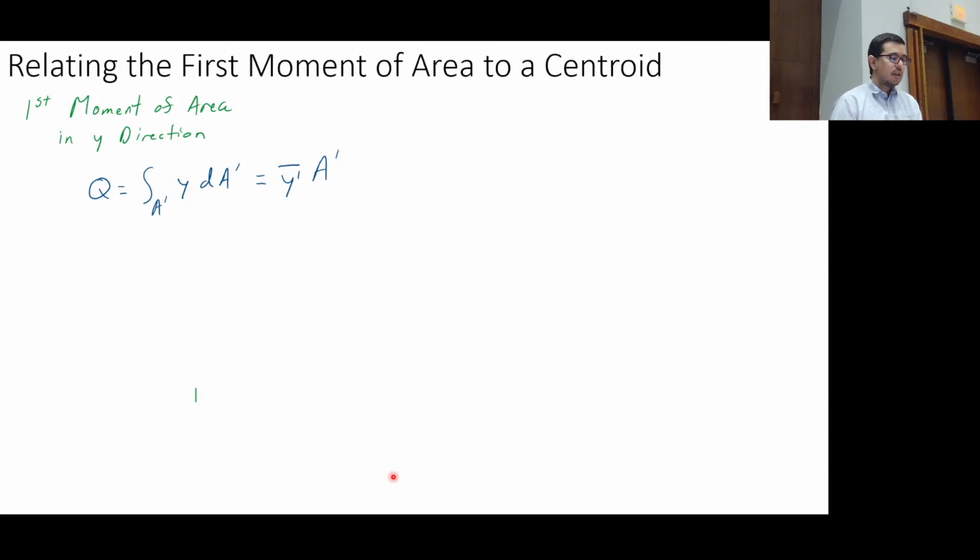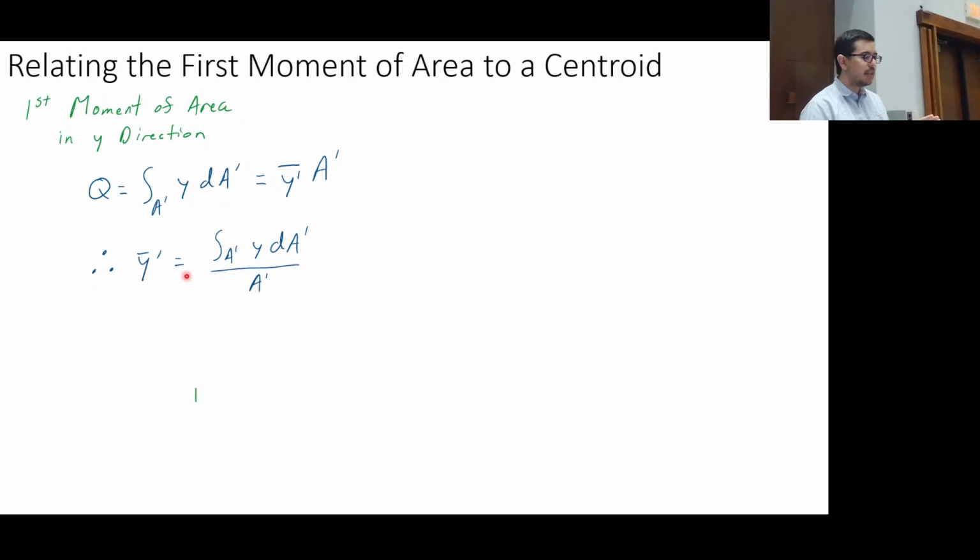We said that it's going to be the first moment of area, the distance to the centroid times that area. That distance to the centroid is the complicated part, at least in my opinion.